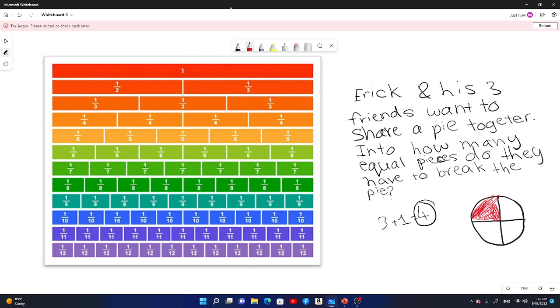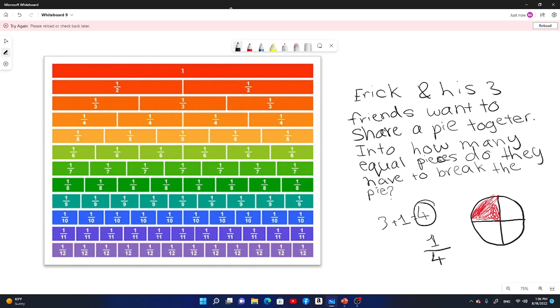So now, how many parts are left? There were 4 pieces: 1, 2, 3, 4. So the denominator will be 4, and one of them ate it. So it's 1 out of 4.